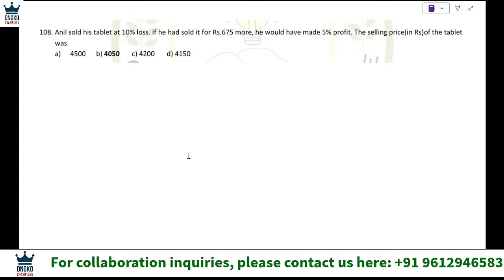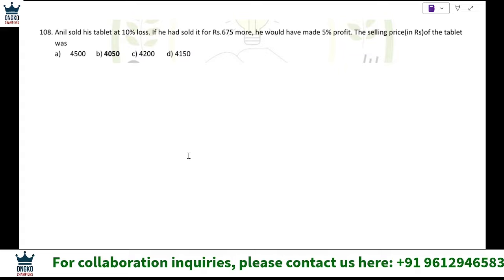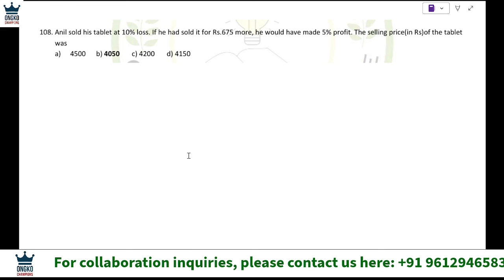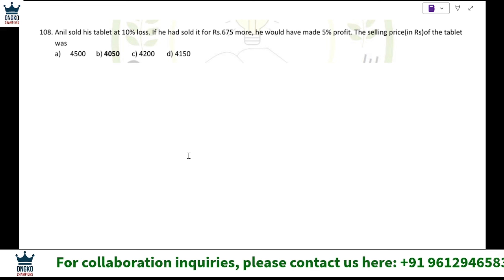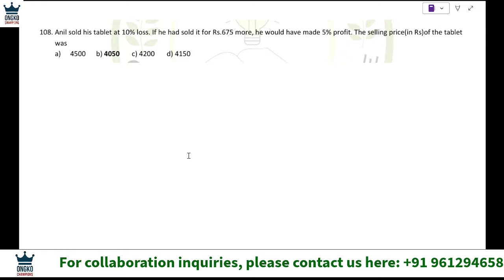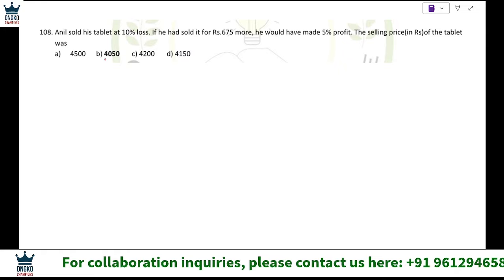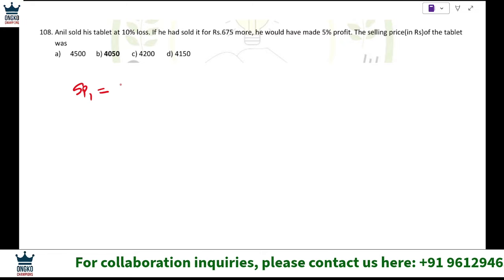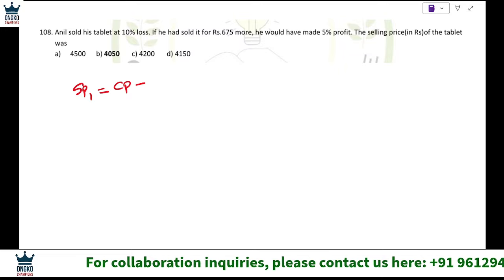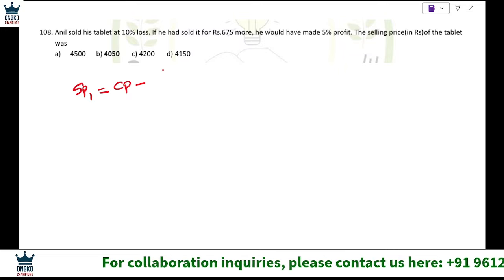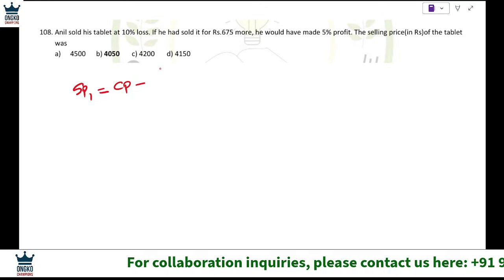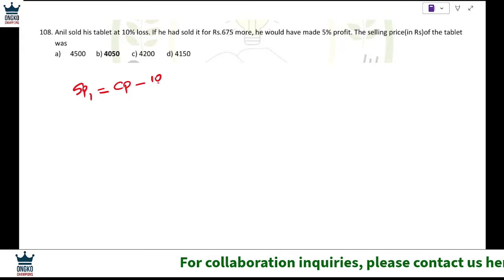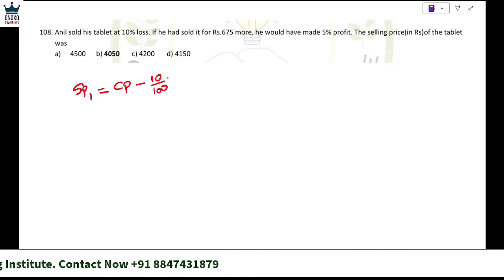So let's say cost price is CP and selling price is SP. First, selling price at 10% loss, so let's say selling price of 1 is equal to cost price minus 10% loss. 10% means divided by 100 into cost price.